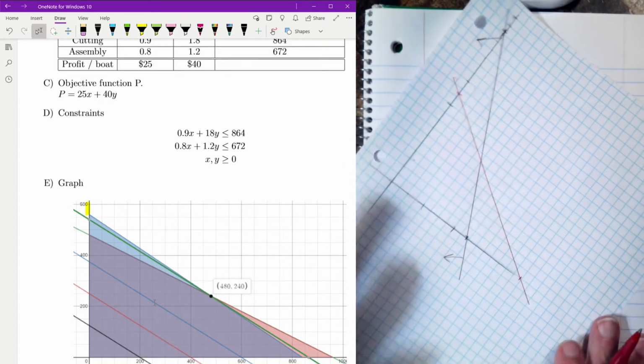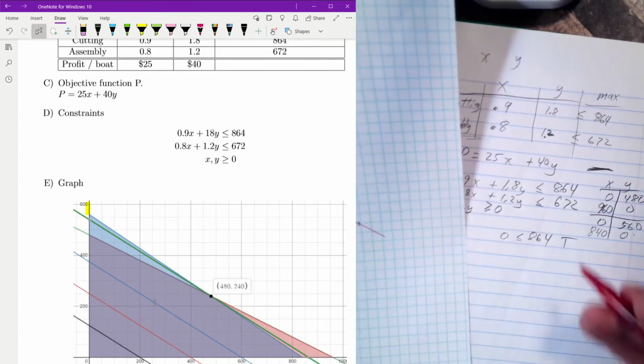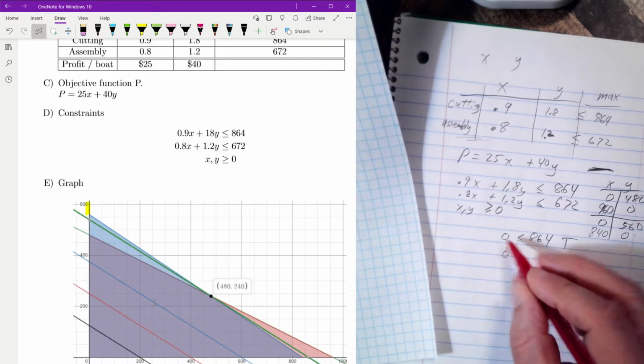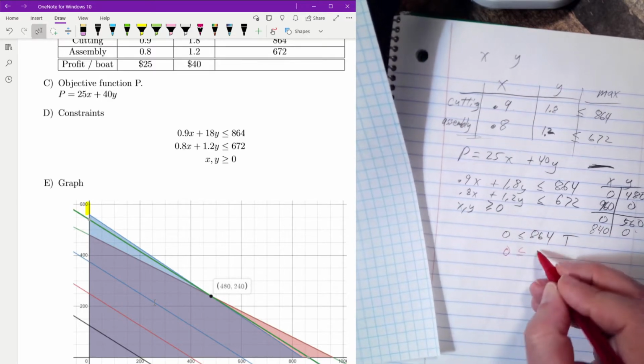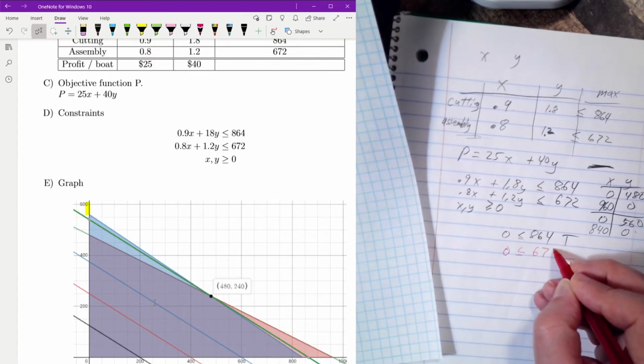And then the question is, is 0 in our zone? 0 is less than or equal to 672, which is true.